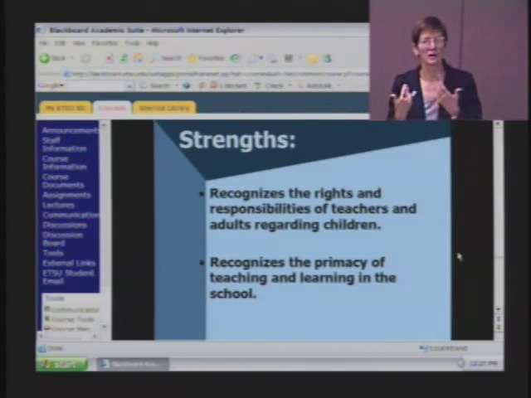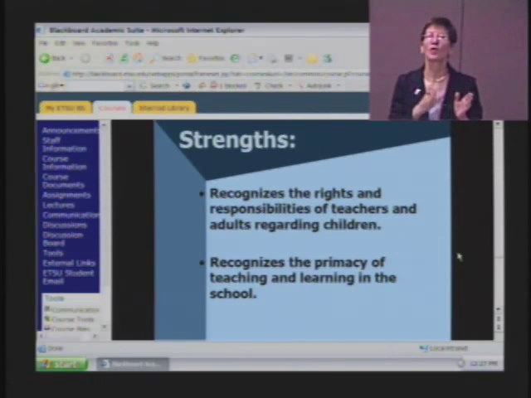Children who are hungry, for example, have a hard time concentrating. But your primary focus and the school's primary focus needs to be on teaching and learning in the school. The schools that do the best job of helping children mature psychologically, socially, are those that focus on academic learning for all students.